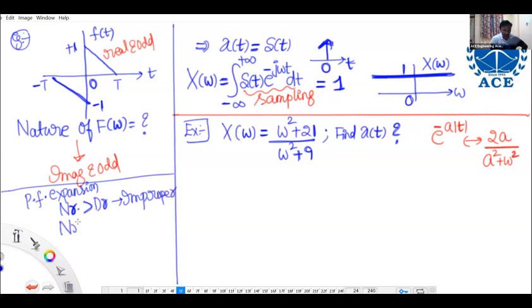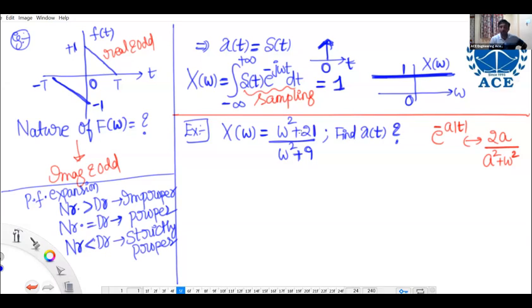If the powers are equal, it is called proper. If the numerator power is less than the denominator power, it is called strictly proper.